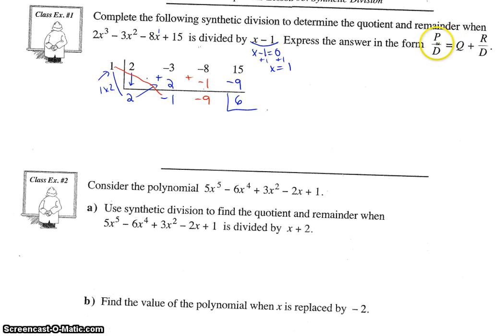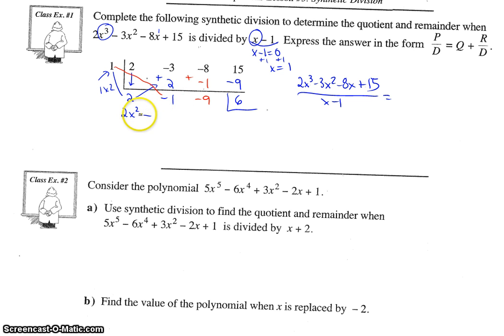So writing it in the form they asked for, we'd have our original polynomial given in the question with the x's, divided by our divisor, which was x minus 1, equals our quotient. Oh, we've got to turn this back into x's. If we started with x cubed and we divided by x, we should end up with x squared, and this 2 is our coefficient on that.